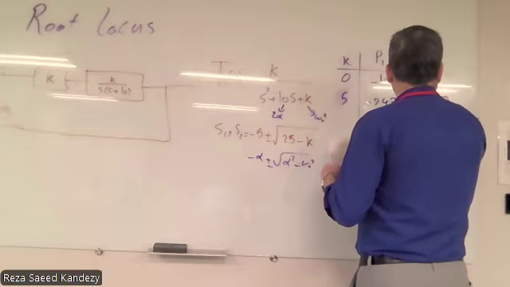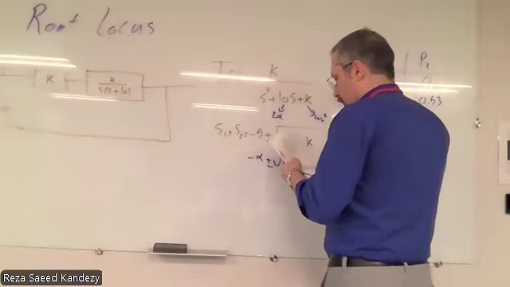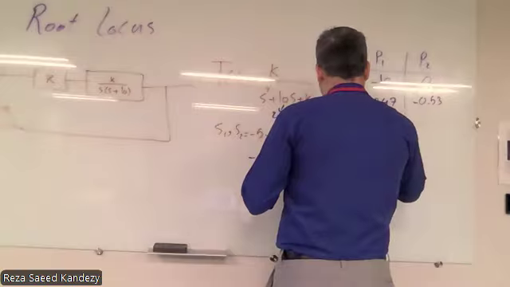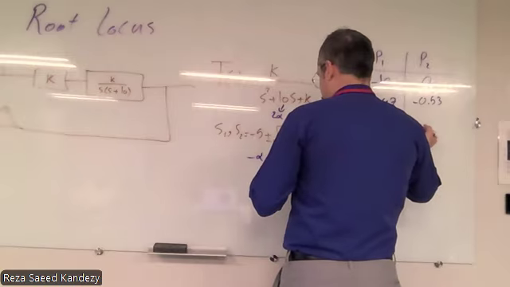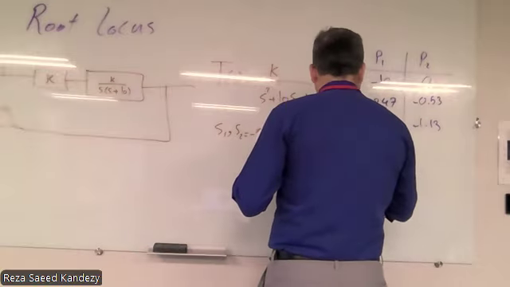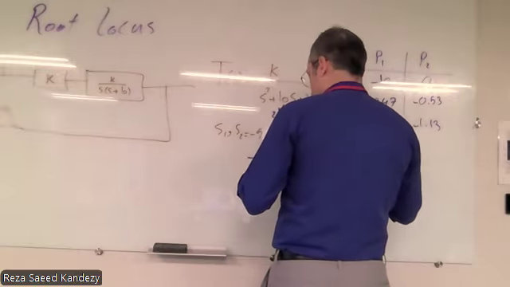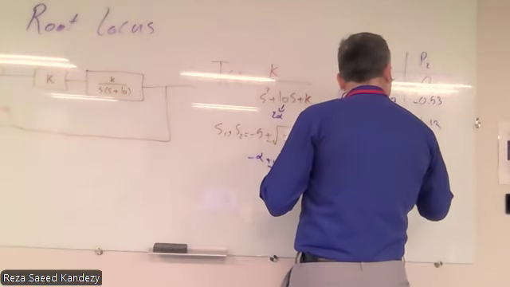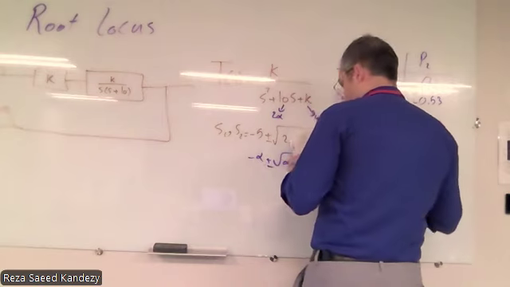If it's 10, it's going to be minus 8.87 and minus 1.13. If it's 20, I'm going to have minus 7.24 and minus 2.76.